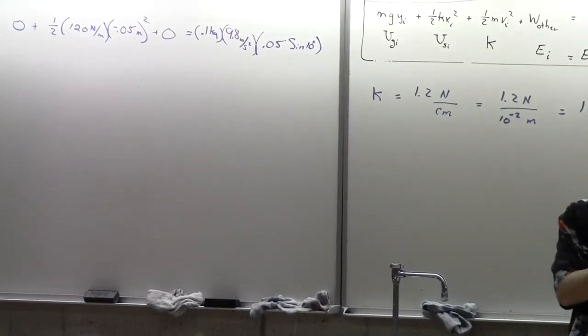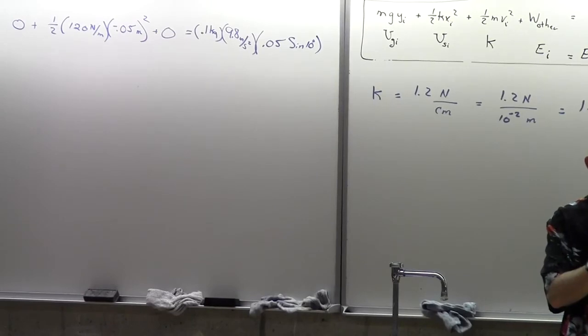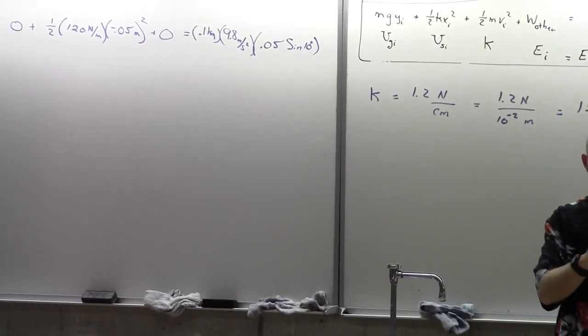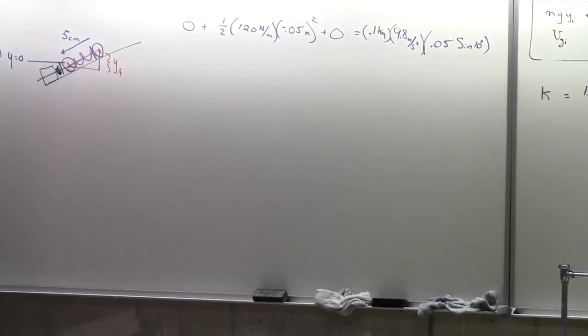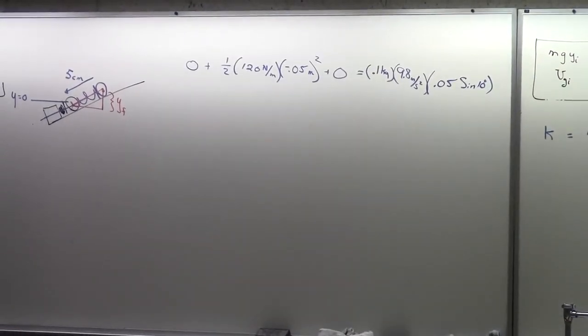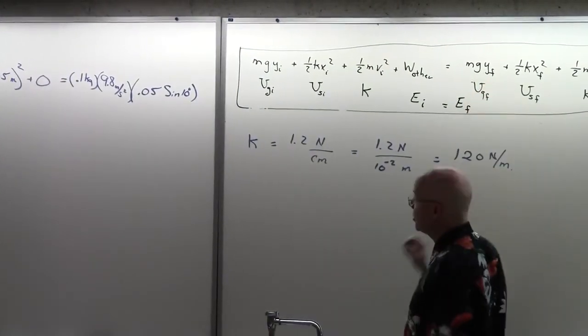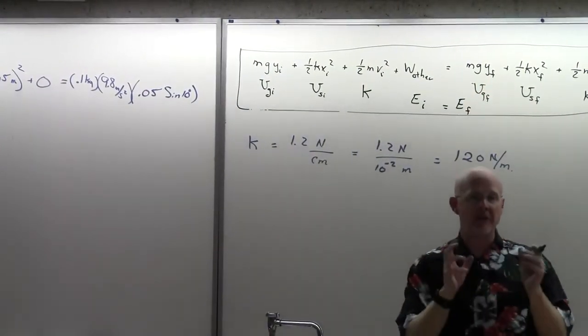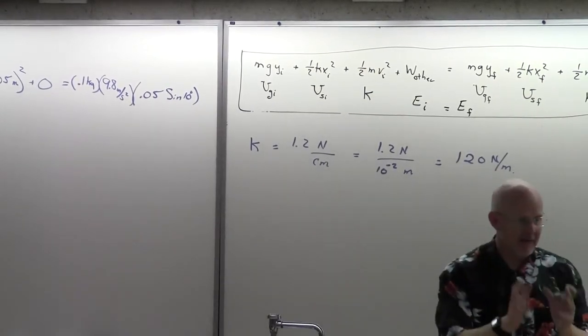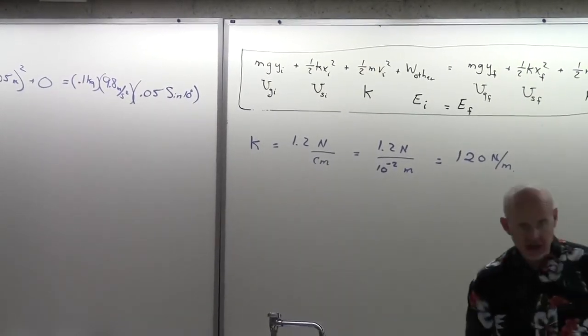Plus or minus? It's plus. Why? We have to call up as positive, right? In the derivation of this equation, we have to call up as positive. We don't have that choice. Okay, so I'll say it again.